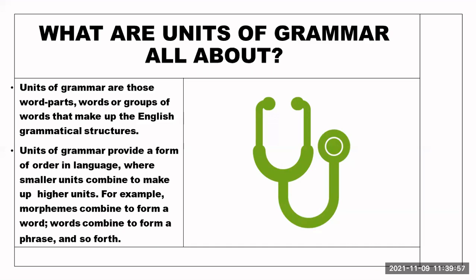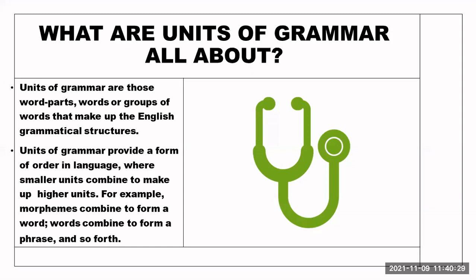Now, when the word unit is mentioned, what comes to mind is a structure, because of course you know that a structure is made up of various parts. Take a house, for example. A house is made up of various parts, such as the walls, the roof, the windows, the doors, and so on and so forth. Or you talk about the human body and the parts of the body, such as the head, the eyes, the ears, the mouth, the nose, the neck, the chest, the hands, the legs, and so on and so forth.